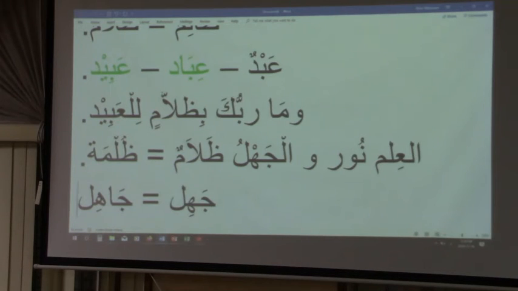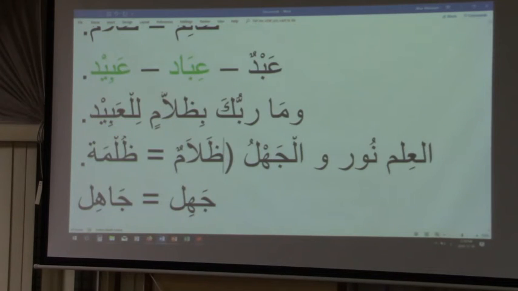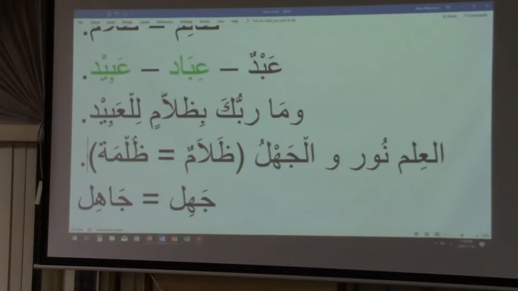العلم نور والجهل ظلام. No, I did not say dhalamun, I said dhalamun. There's no shadda. How come you wrote both? Because darkness can be dhalamun and it can be dhulmatun. So two words for darkness.